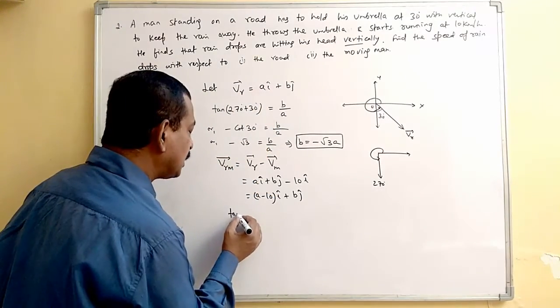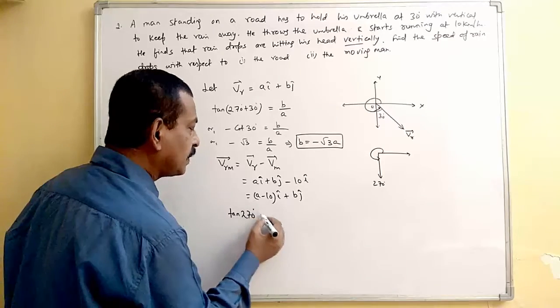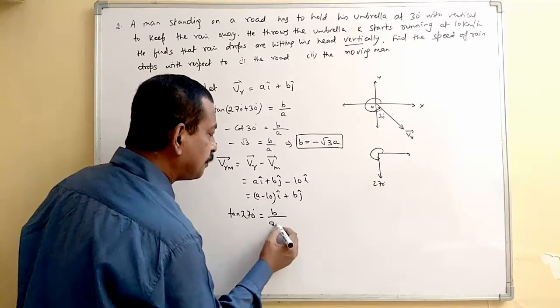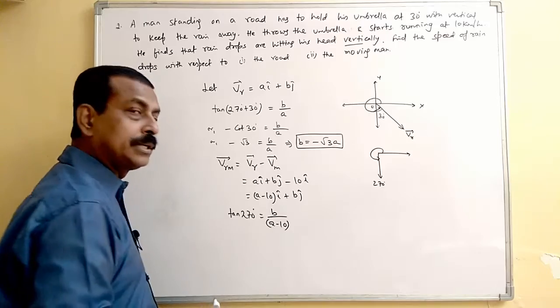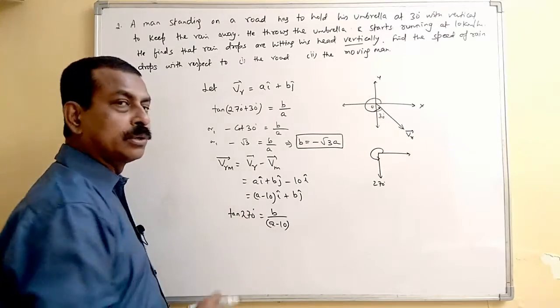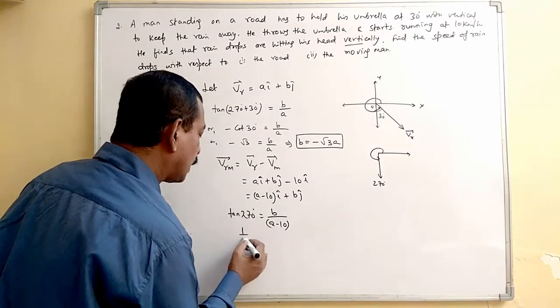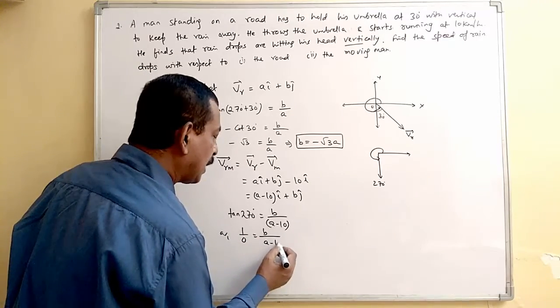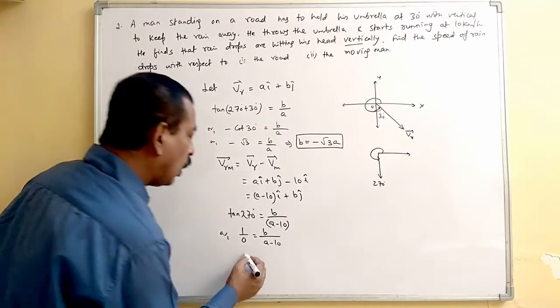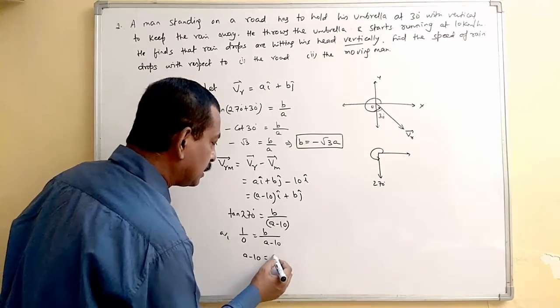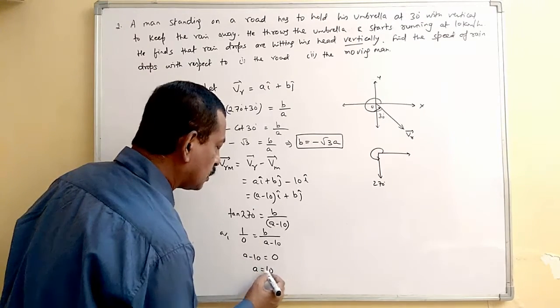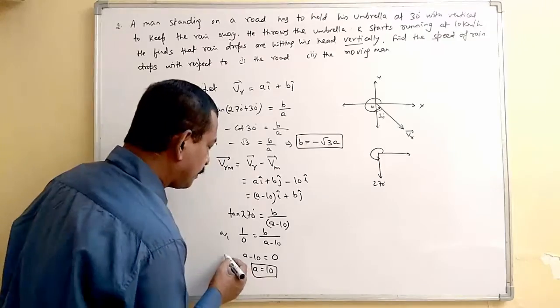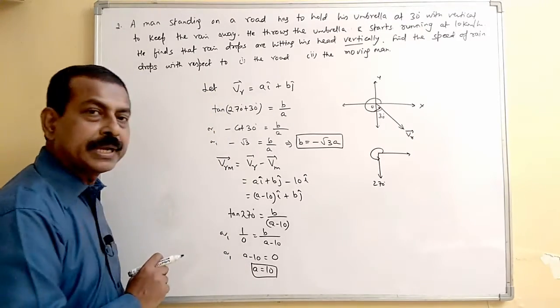Now tan 270 degrees is b by a minus 10. Tan 270 is infinity, that means it is 1 by 0. So this is b by a minus 10, or a minus 10 is 0, or a is equal to 10. So we got the value of a.